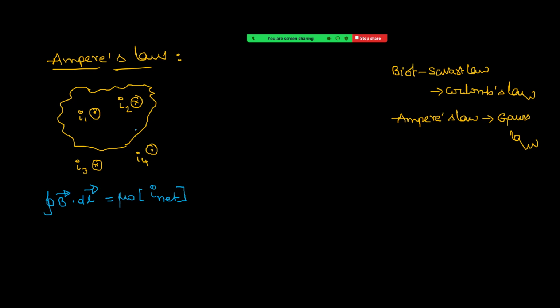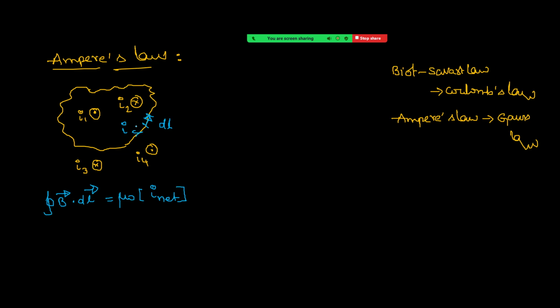So I am keeping an arrow on this loop anti-clockwise. Okay. Now I am taking one small element on this loop. Its length is now dl. Okay. And I am taking the direction of dl bar as anti-clockwise. That means this is now the direction of dl bar.